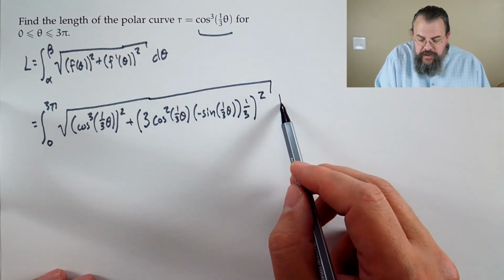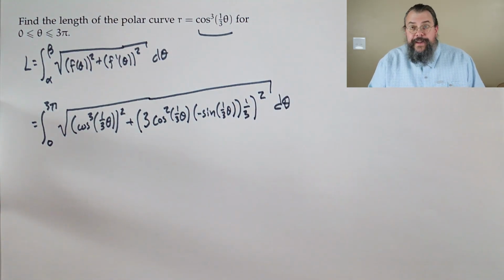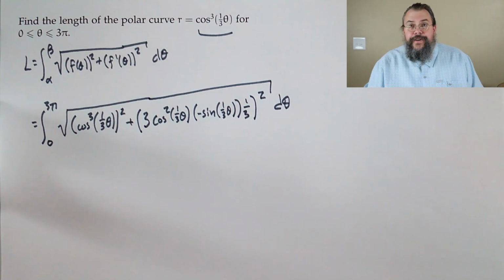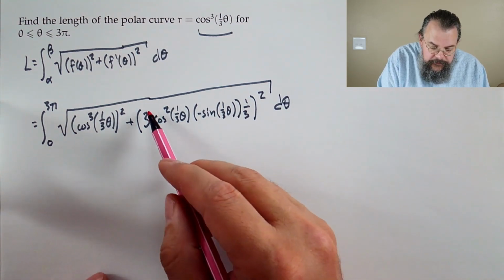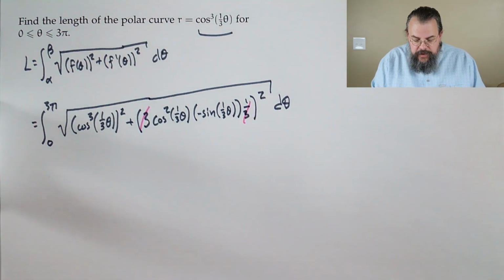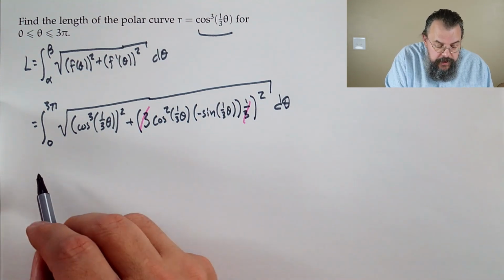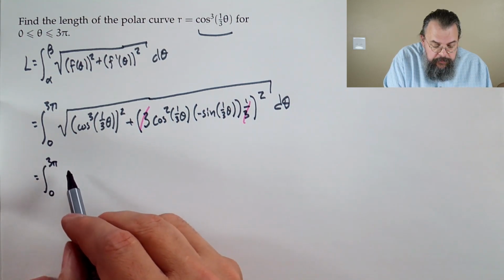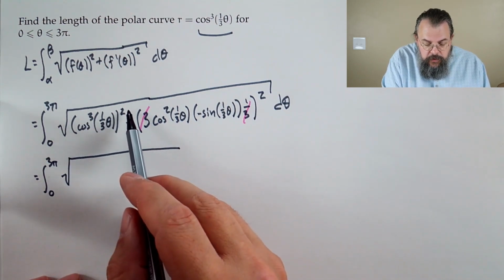D theta. Now, the good news is that this 3 and this 1/3, they cancel. Great. That will make things nice. Okay, 3 and a third. So now let's see what we have. Well, this is our integral, 0 up to 3 pi, square root of cosine cubed squared.